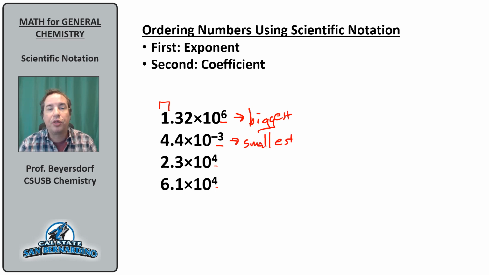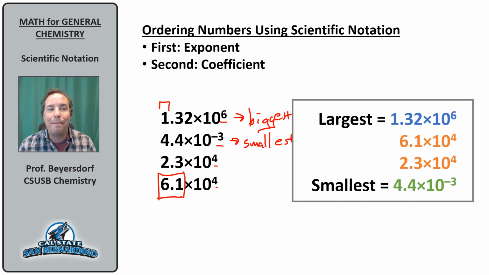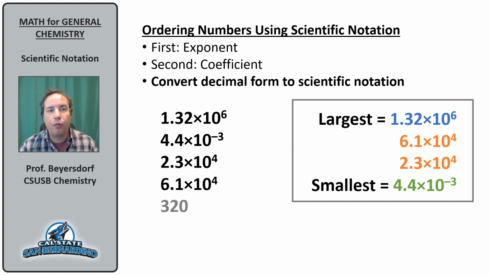Now notice 2.3 times 10 to the 4 and 6.1 times 10 to the 4. Both of those have the same exponent. So in that case, we look at the coefficient, and the 6.1 is going to be bigger than the 2.3 times 10 to the 4. So that is an example if they're all in scientific notation already. What if we had something like 320, right? We wanted to compare these 5 numbers.